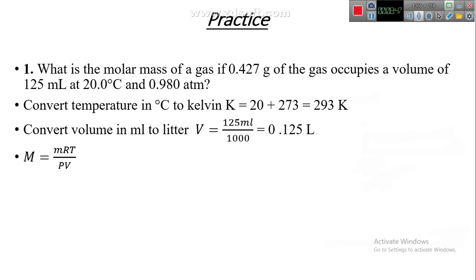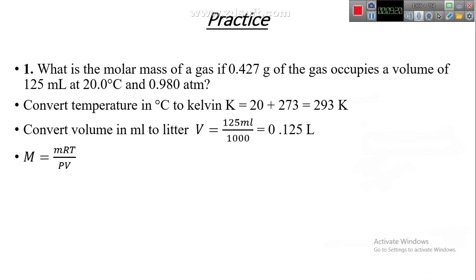We must convert the volume in milliliter to liter. We divide the milliliter by 1000: 125 divided by 1000 equals 0.125 liter.